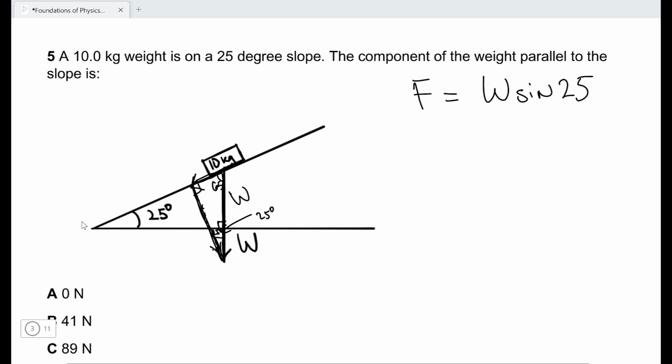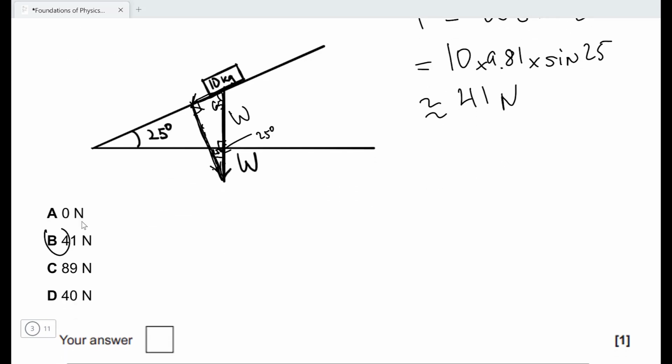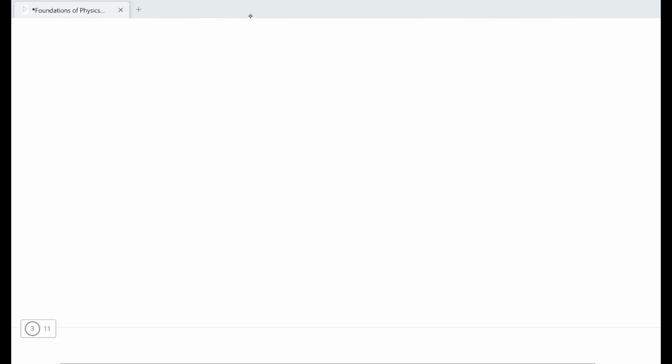You've got 25-degree. So the component, this one here, is W sine of 25, which is going to be 10 multiplied by 9.81 multiplied by sine of 25, which is about 41 newtons. Therefore, the correct answer is B.